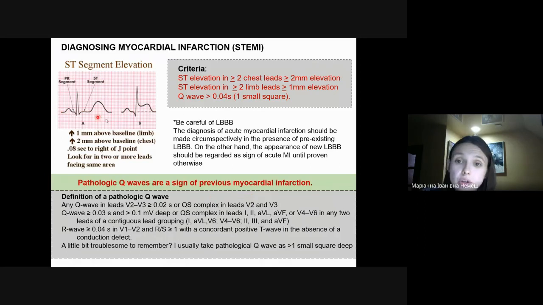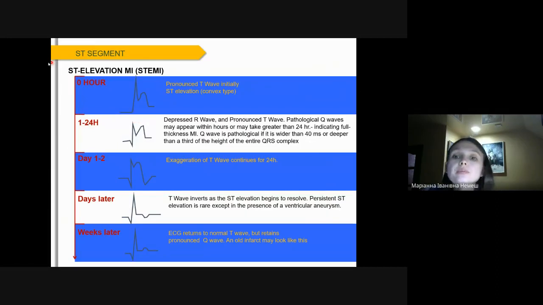Here is a normal ECG, and here you could see the elevation of the ST complex, which is higher than the isoline. In this situation the Q wave does not appear, but further I will show you an ECG where it is going to appear. ST elevation myocardial infarction is called STEMI.